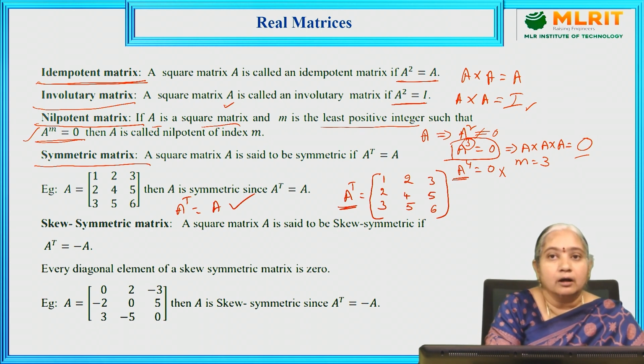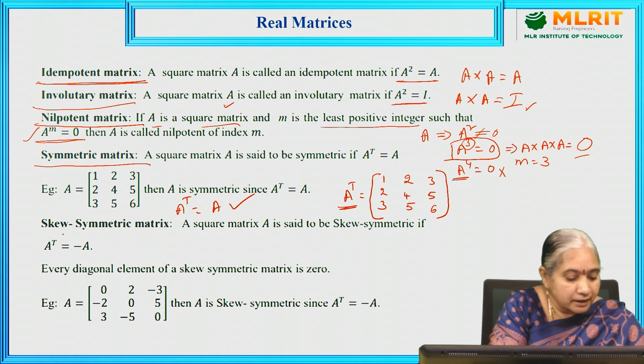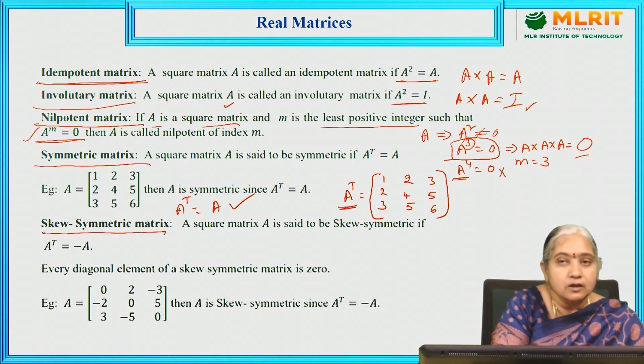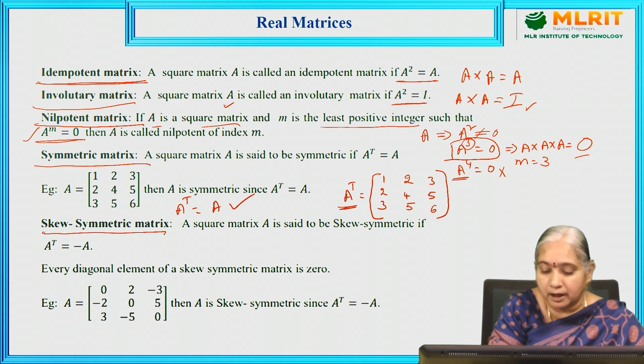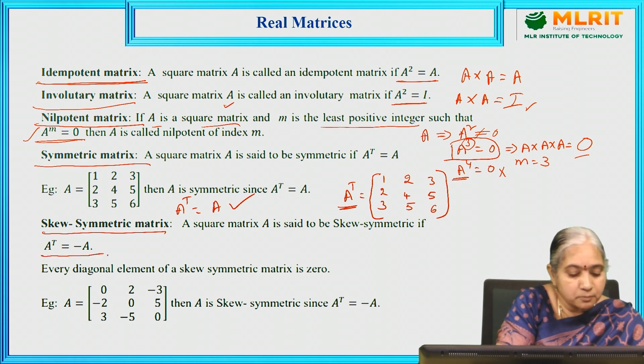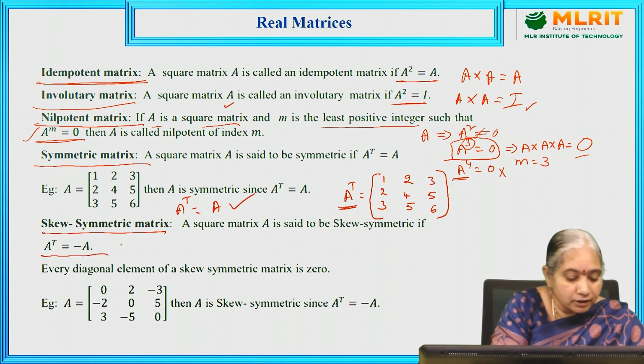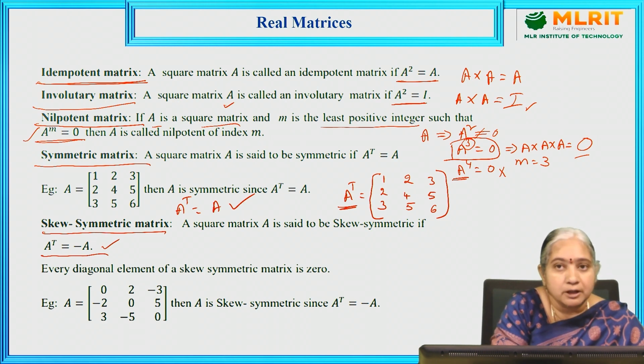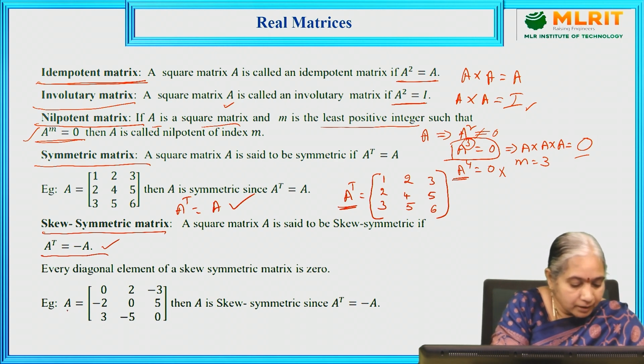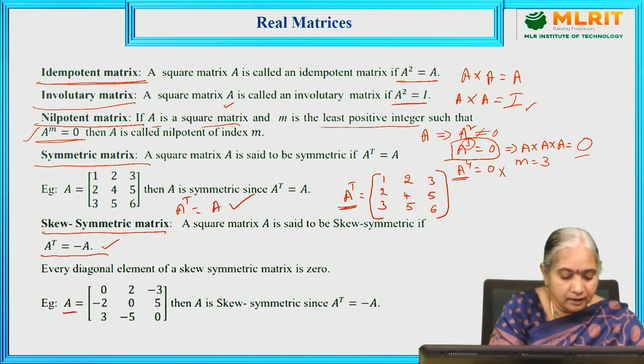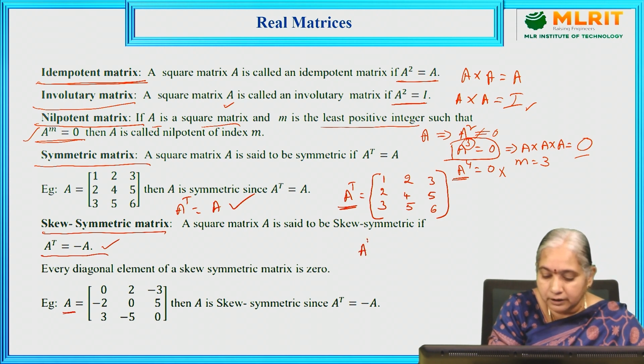Similarly, we define another matrix as a skew symmetric matrix. The property of a skew symmetric matrix is A transpose equal to minus A. If this property is satisfied, then the type of matrix is a skew symmetric matrix. So, take one example. This is a given matrix A and we find A transpose.